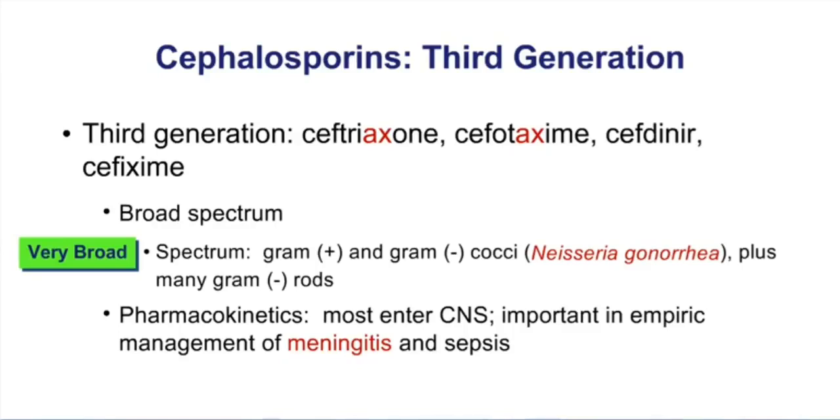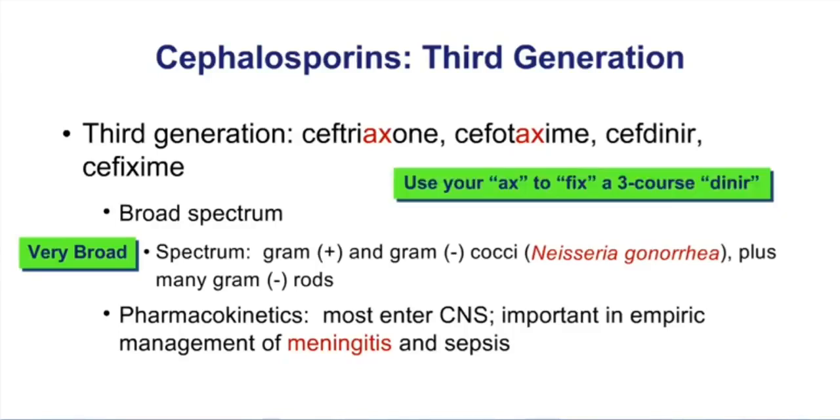Cefixime or cefdinir. Perhaps you can remember those 4 drugs with a phrase that says, use your axe to fix a 3-course dinner. So axe, fix, and dinir as parts of the names perhaps you can remember. In fact, let's go back and focus on the ax part of ceftriaxone and cefotaxime.